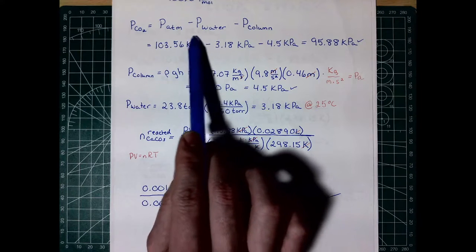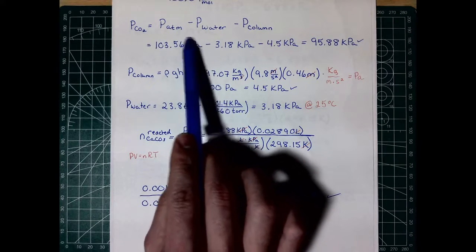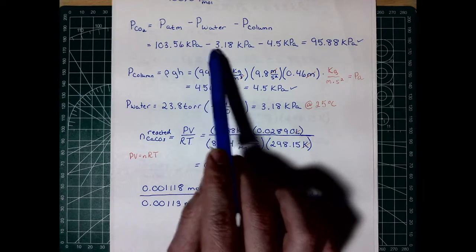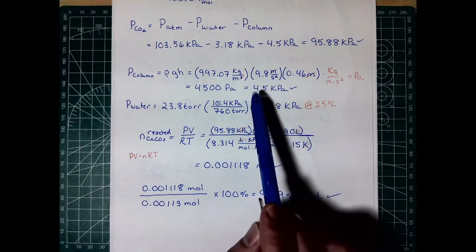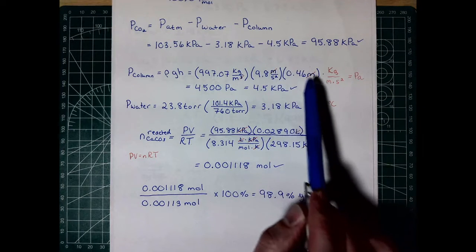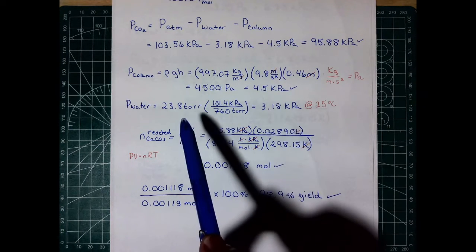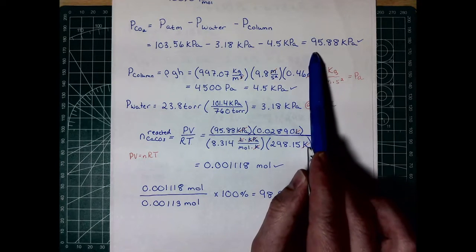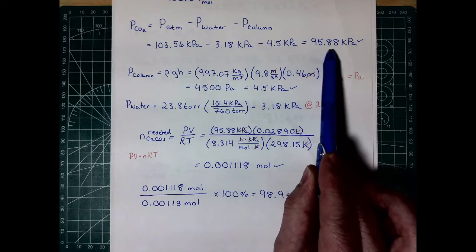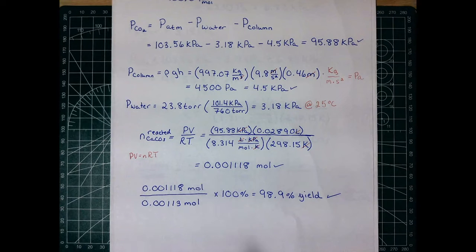It's going to be this value. We're going to be using that every time that we use the pressure of the atmosphere. We're going to subtract from that our 3.18 kilopascals and our 4.5 kilopascals, and we get that the pressure of the CO2 is equal to 95.88 kilopascals.